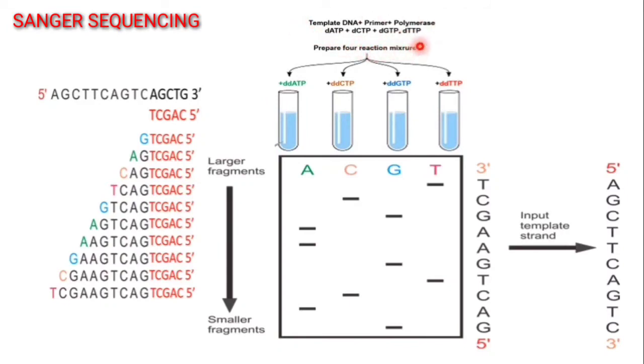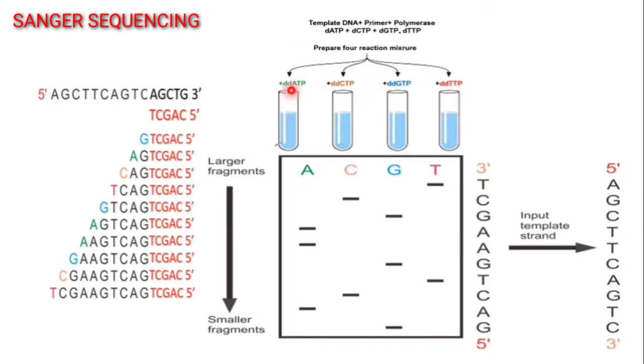From that we divide this mixture into four tubes. In the first tube we add ddATP, that is dideoxyadenosine triphosphate; in the second tube we add dideoxy CTP; in the third we add ddGTP; and the fourth tube we add ddTTP.